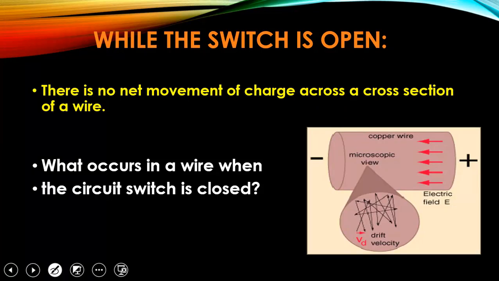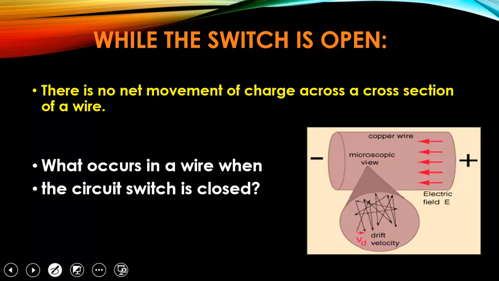What happens when the switch is open? When the switch is open, there is no net movement of charge across a section of the wire. We said that there is no electric current passing through the circuit. What occurs in the wire when the switch is closed? Look at the right.